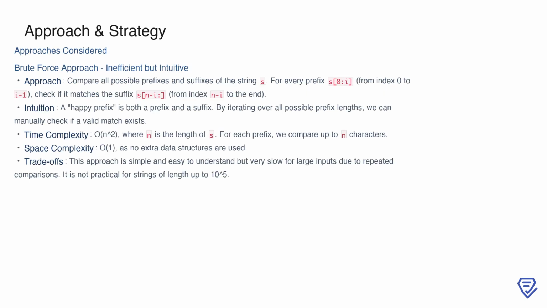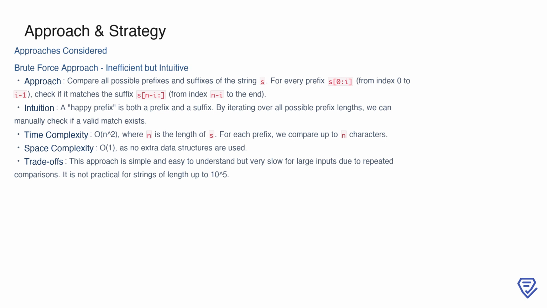To solve the longest happy prefix problem, we first consider a brute force approach. Here's the idea. Since a happy prefix is both a prefix and a suffix, we iterate through all possible prefix lengths of the string. For each prefix, we check if it matches the corresponding suffix. For example, if we're checking a prefix s[0..i], we'd compare it to the suffix s[n-i..n].